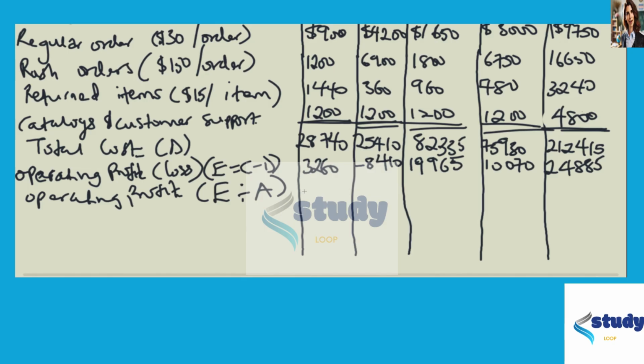So this will give you 8.15% for customer 1, minus 42.05% for customer 2, 18.15% for customer 3, and 10.60% for customer 4, and the total will be 9.39%. So this is basically what the contribution to profits from each customer should look like.